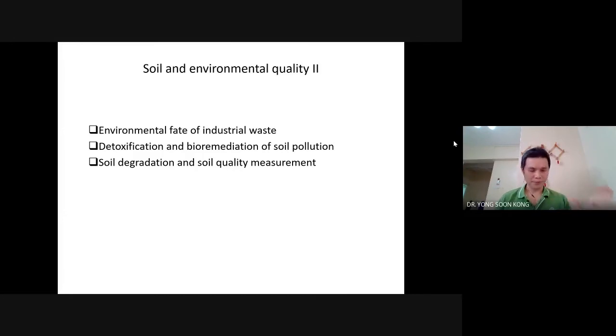Now, the previous chapter, chapter 7, soil environmental quality part 1, talks about how to remediate the soil, which means in that chapter, the contaminants are already released to the environment and how best we can manage it.